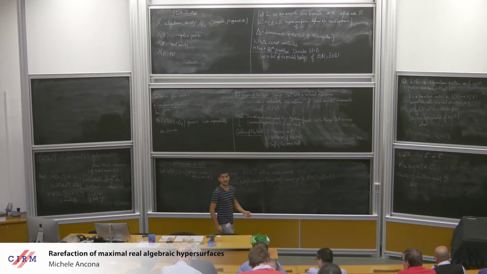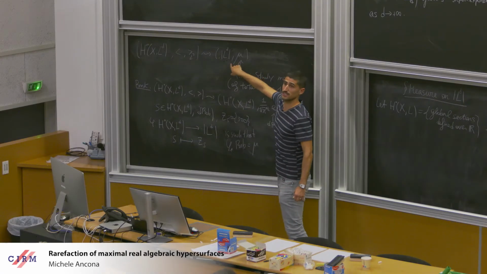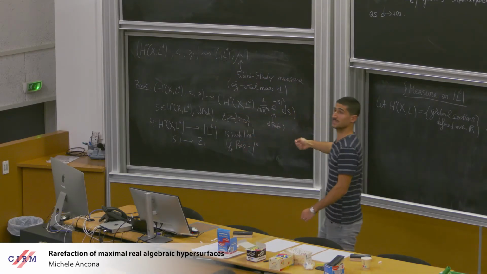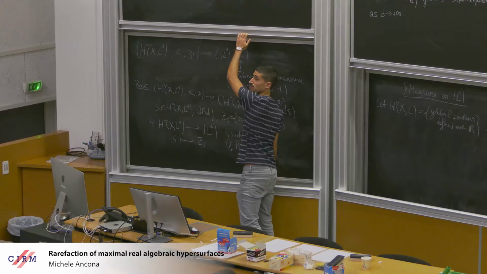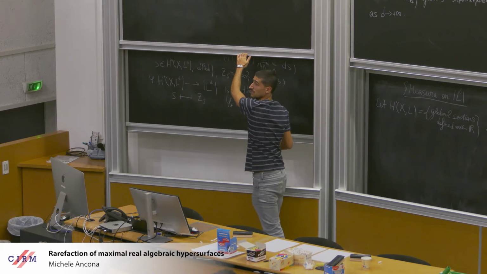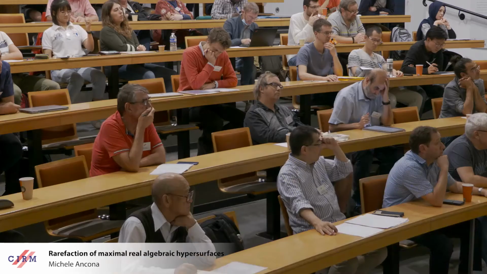So you can take directly a random hypersurface in the linear system, or take a random section, as I think you have seen in the mini course, and consider the zero locus.